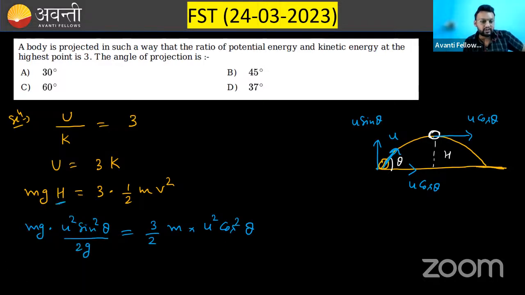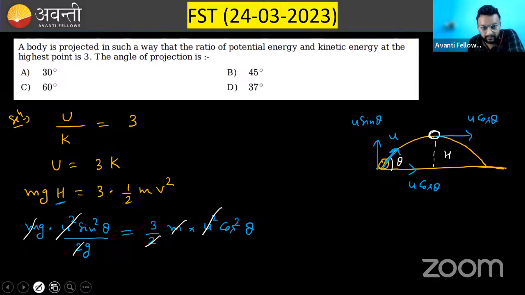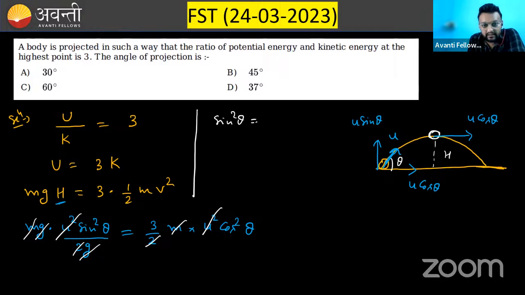Now you can cancel a few things out of here. As I can see, u square will be cancelled, m will be cancelled, this 2 will be cancelled, g will also cancel. So what will remain? That is sine square theta equals 3 times cos square theta.